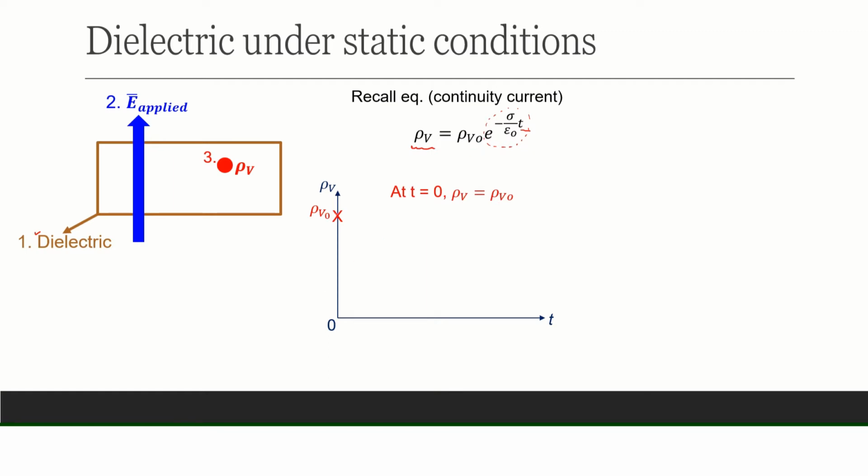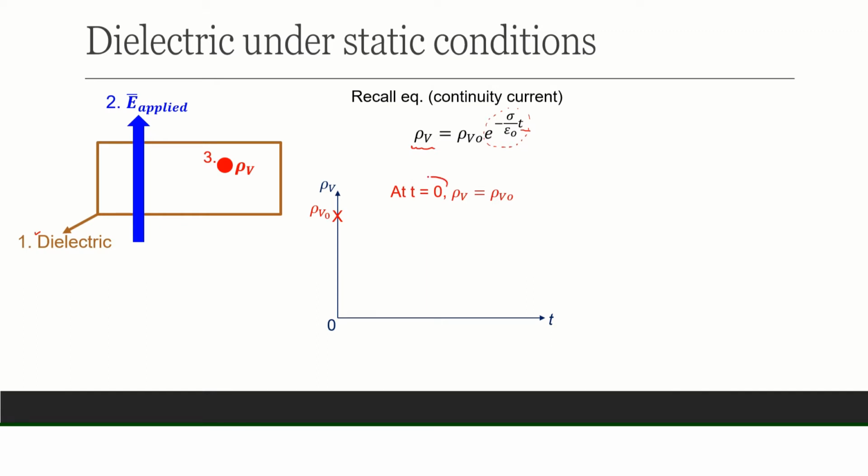So when time is equal to 0, it means that there is no electric field applied at this specific time, so our rho v will remain equal to rho v naught, which is our original rho v. What will happen when the time is increasing? The time is no longer equal to 0, and at that time our electric field will also not be 0.